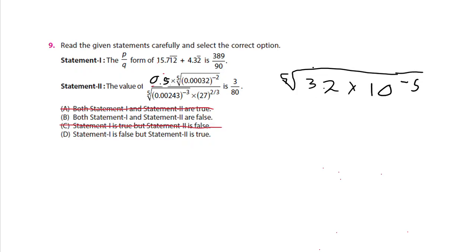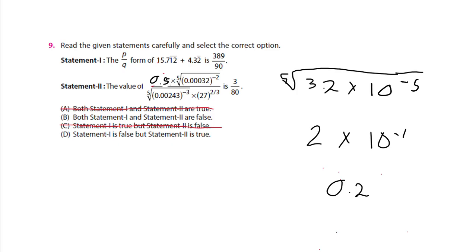And in that way, we know the fifth root of 32 is 2, because 2 to the power 5 is 32. And the fifth root of 10 to the power negative 5 is 10 to the power negative 1. And we can multiply these two together. And at the end, we will have 0.2.